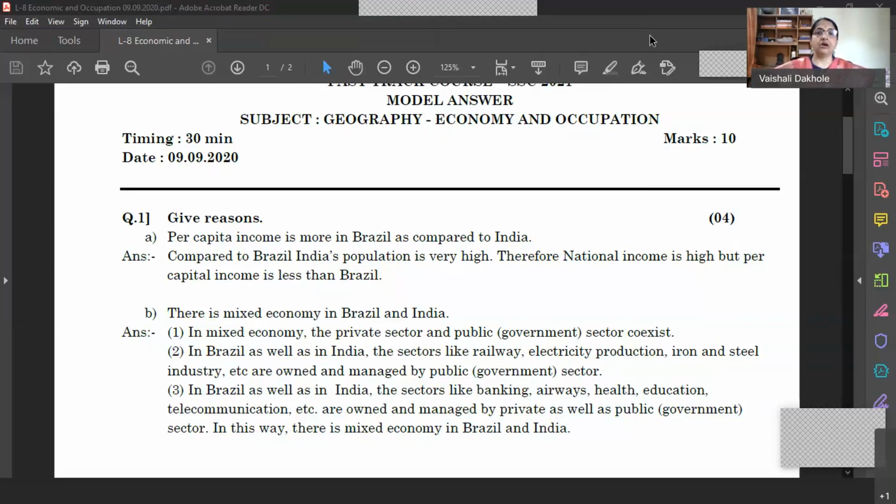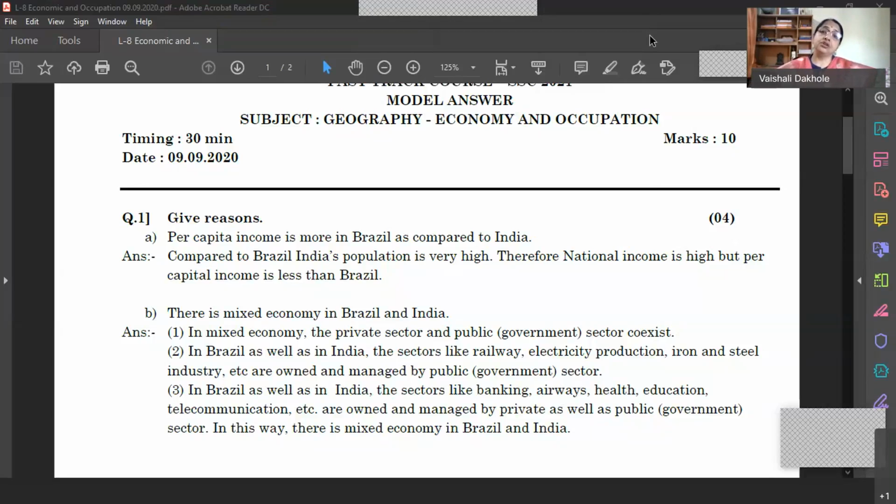The decisions will always be taken by the government. And here, profit is not the main objective, but equal justice or equal distribution is the main objective. Capitalist economies prevail in America, Australia or the European Union, and socialist economy prevails in China, Russia or Korea.